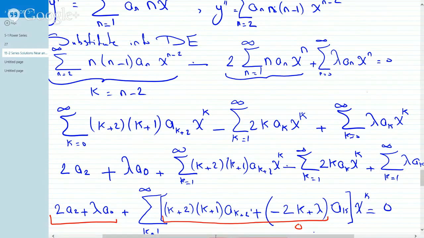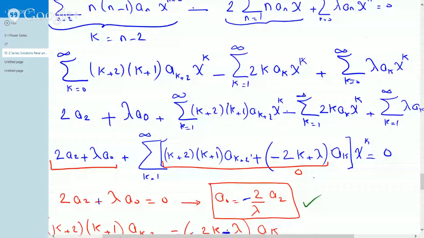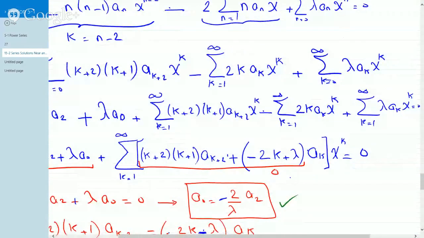So then what do you do? Then you absorb the k equals 0 from this and this, and then they all start at k equals 1. Then you can factor them together under the same series.